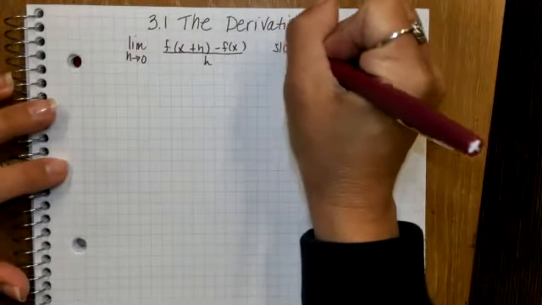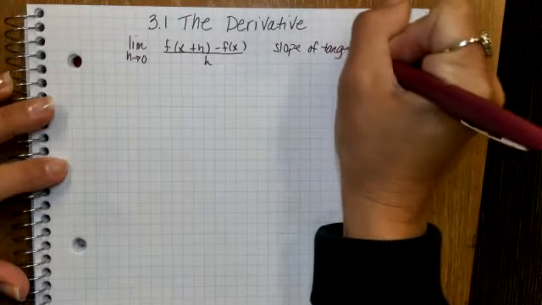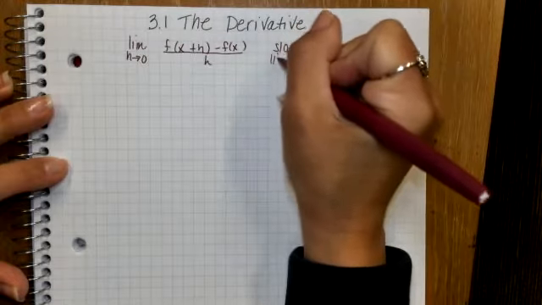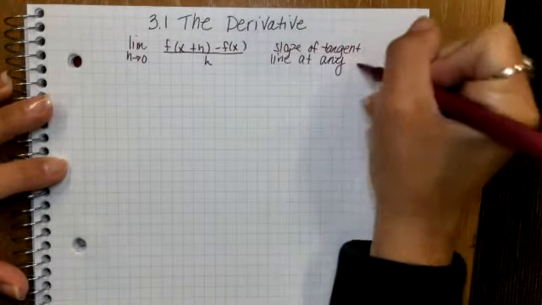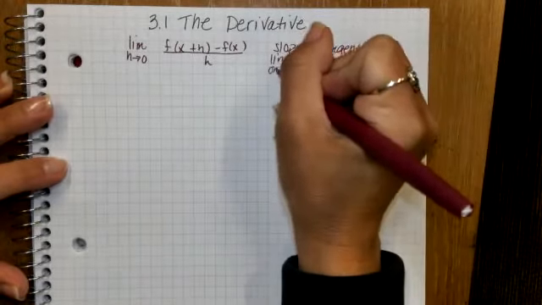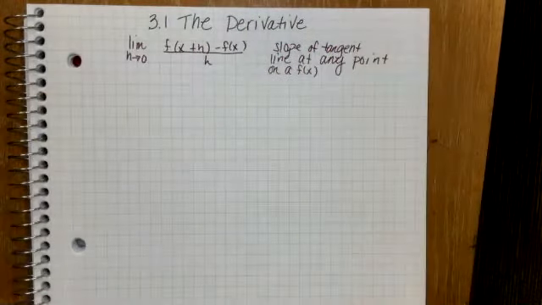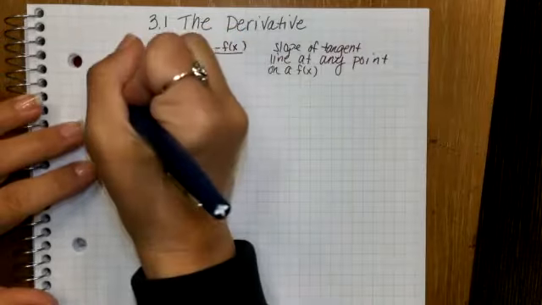This is the slope of a tangent line at any point along a function. Okay, well, if I know the specific point on the function, so let's just call that a, you're going to see x equals a a lot.